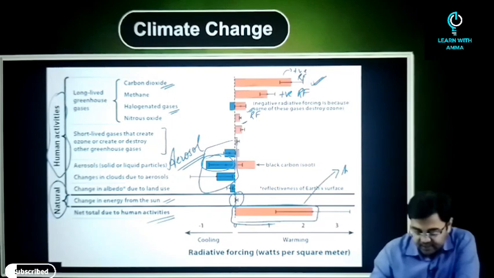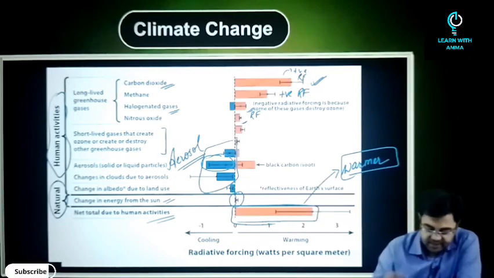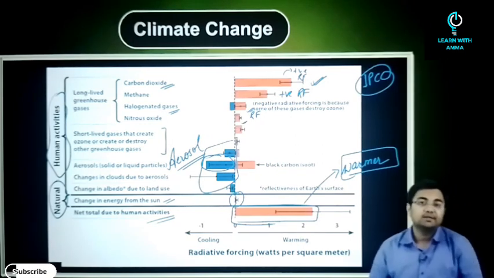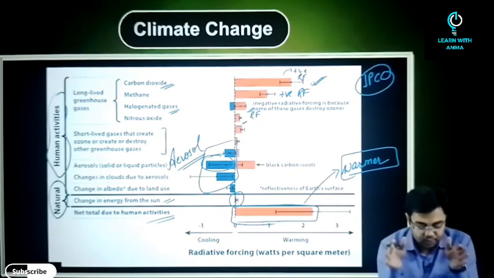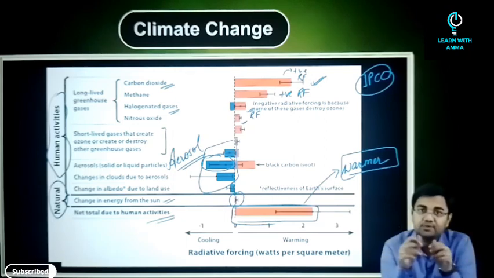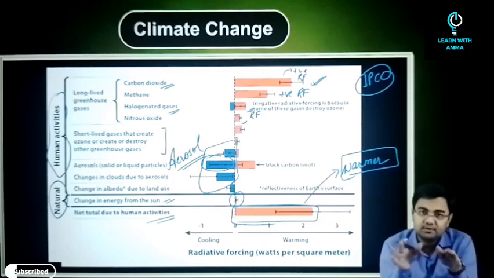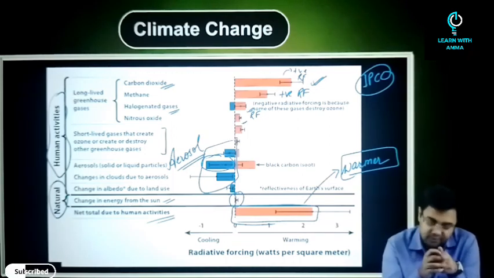The fact that it is making our climate warmer. So all these things have been seen, and this was another part of a report given by IPCC itself, that the total positive radiative forcing by human activities is very high. The negative forcing is negligible as compared to the positive forcing.